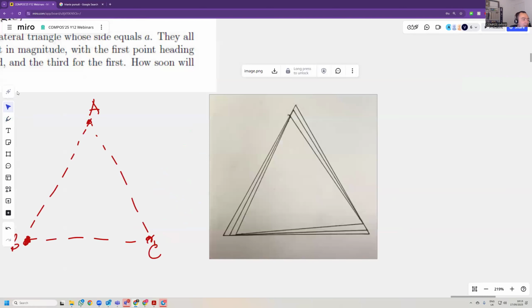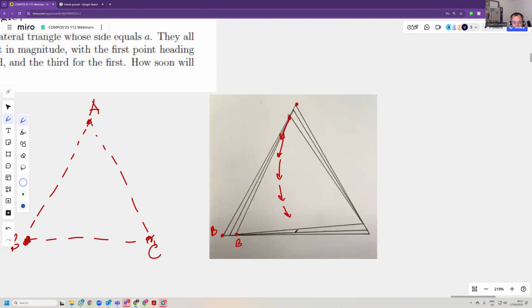So the point A is always moving towards B, but B is moving towards C. So when B has moved to this position, A is in this position, but you can see that the direction has changed. So the direction is constantly changing. As A moves downwards, the direction will always change. So A is spiraling because B is moving along.